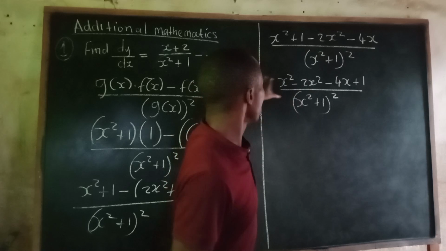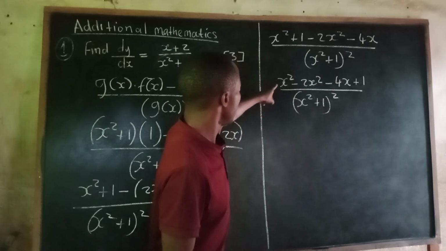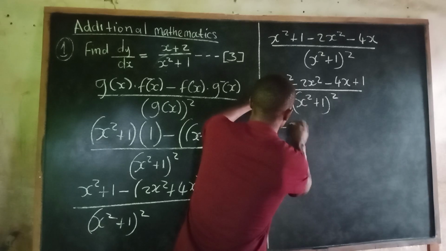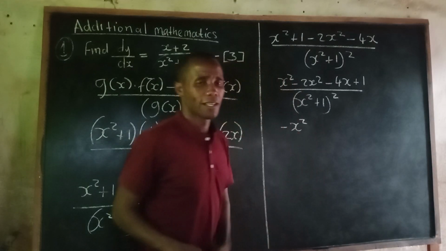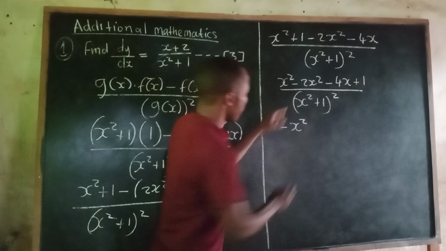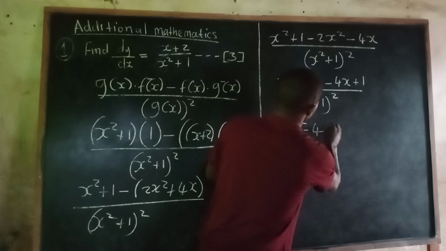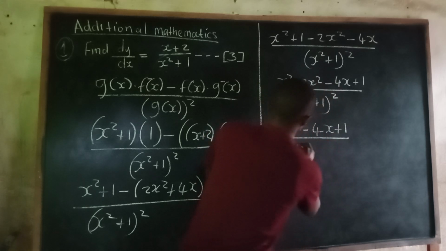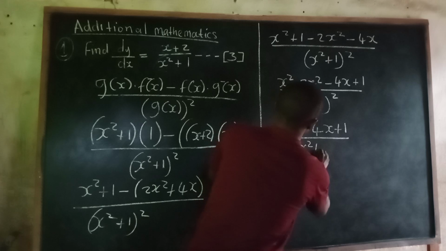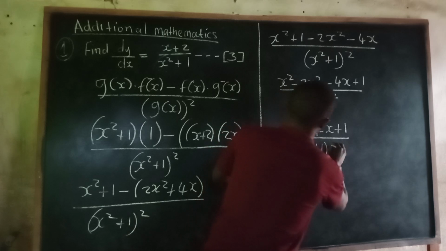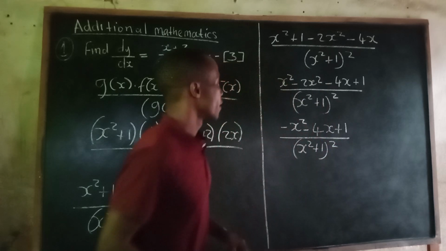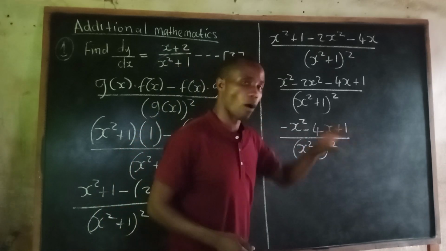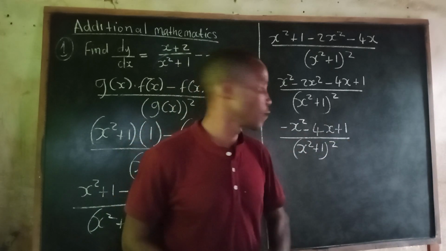Then we simplify the numerator: x² minus 2x² gives negative x². Then minus 4x plus 1, over (x² + 1) squared. Remember in mathematics, it is very important that we always start with a positive sign.